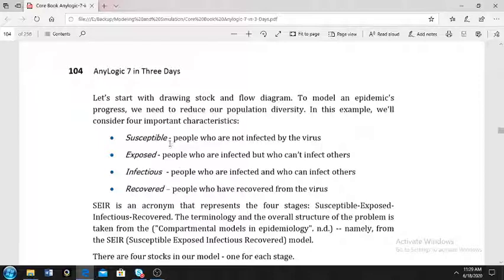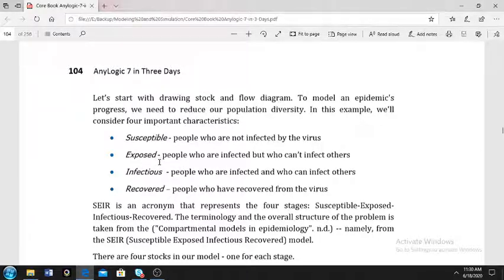Now, susceptible are people who are not infected by the virus. Exposed people are those who are infected but who cannot infect others. Infectious people are infected and they can infect others. Recovered are people who have recovered from the virus. So you are susceptible for infection: you are not infected, but you are likely to be infected.